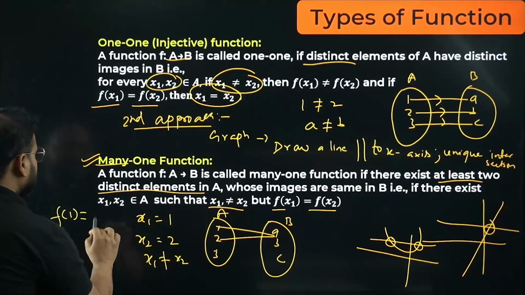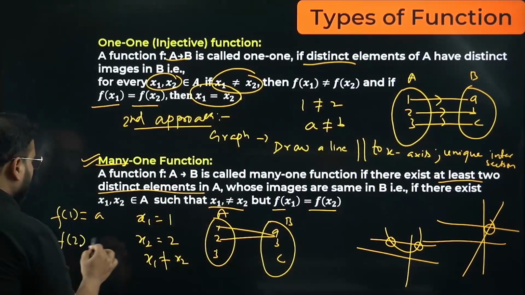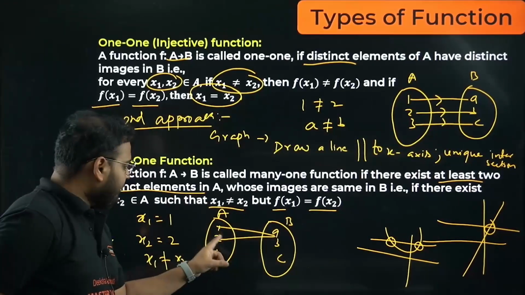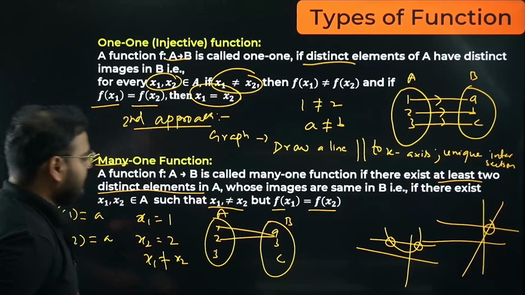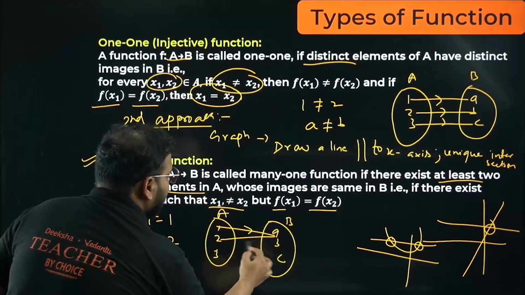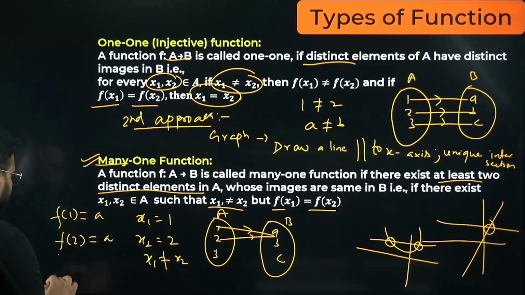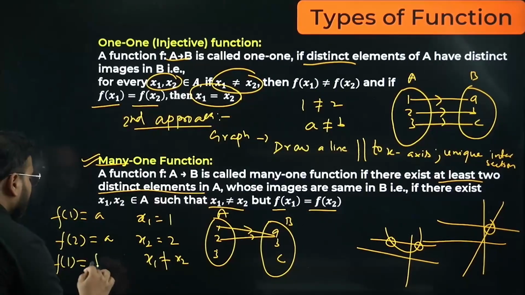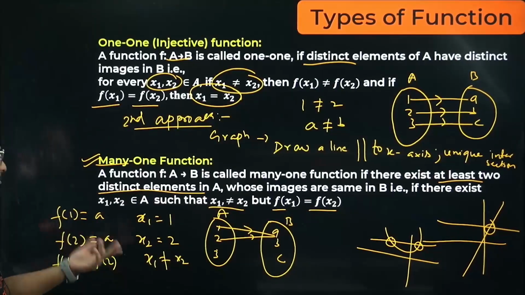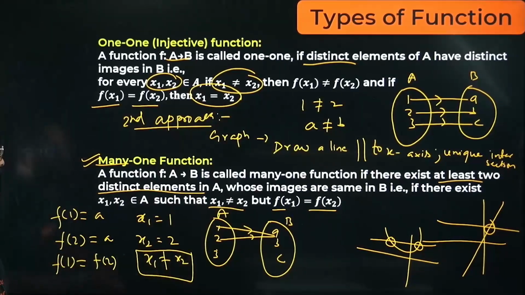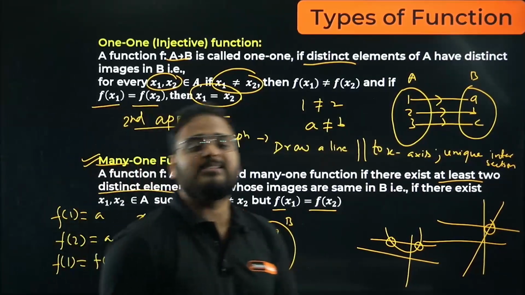It's coming as A. And what is f(2)? Also coming as A. So f(1) and f(2) are both equal. I'm trying to say that even though x1 is not equal to x2, the function value at those points is equal.